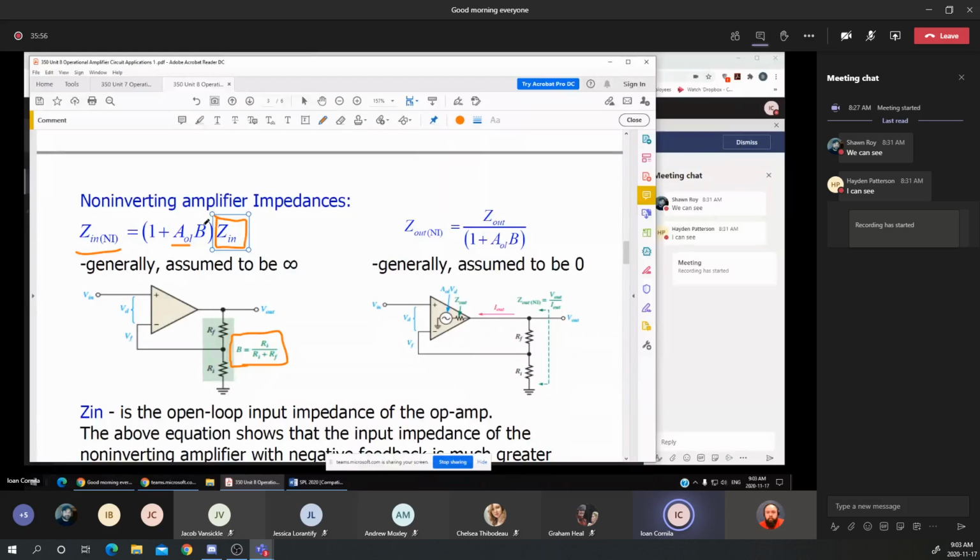This means that the Zin for a non-inverting amplifier will be greater than the Zin. We can assume it's a very large value.